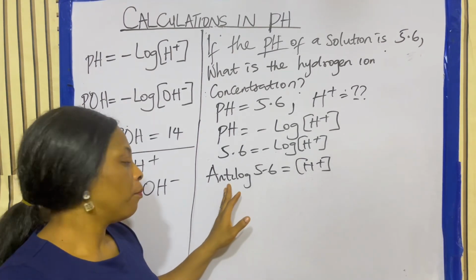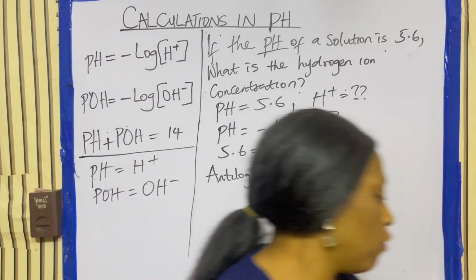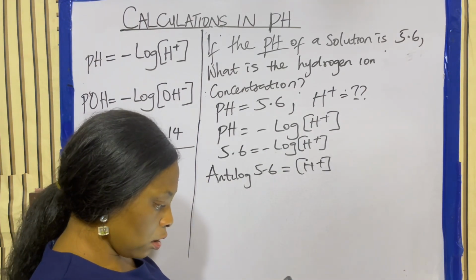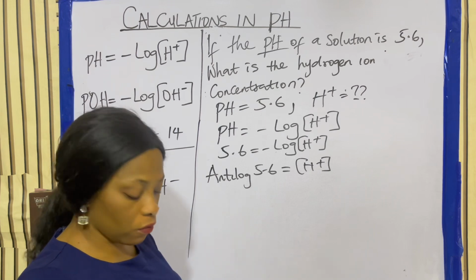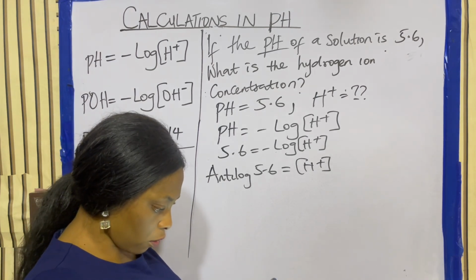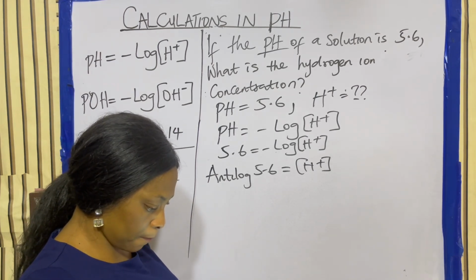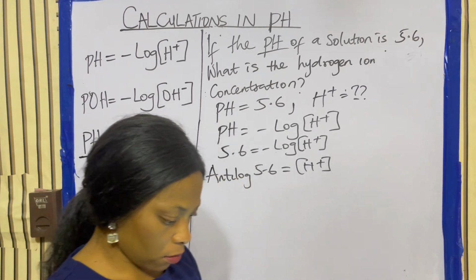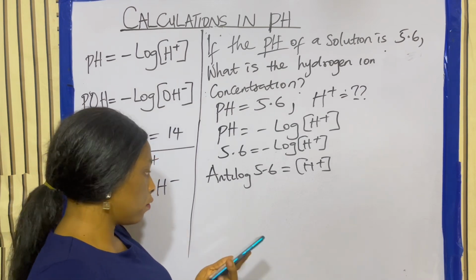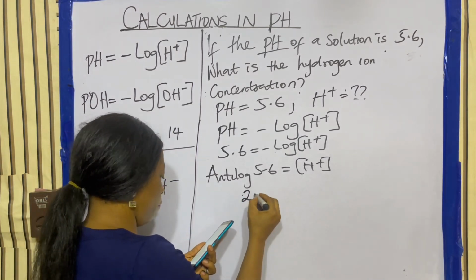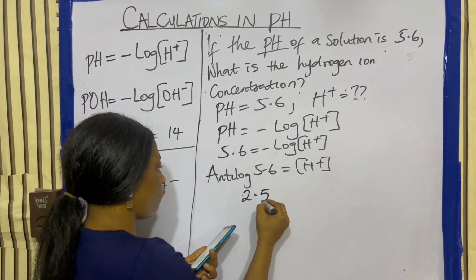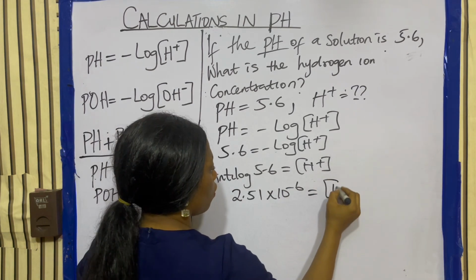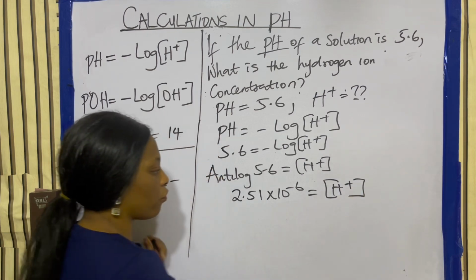Okay, so let's press our calculator and find the anti-log of 5.6. You can use your 4-figure table to do that too. So anti-log of 5.6 will give us 2.51 times 10 raised to power minus 6, which is equal to the hydrogen ion concentration.